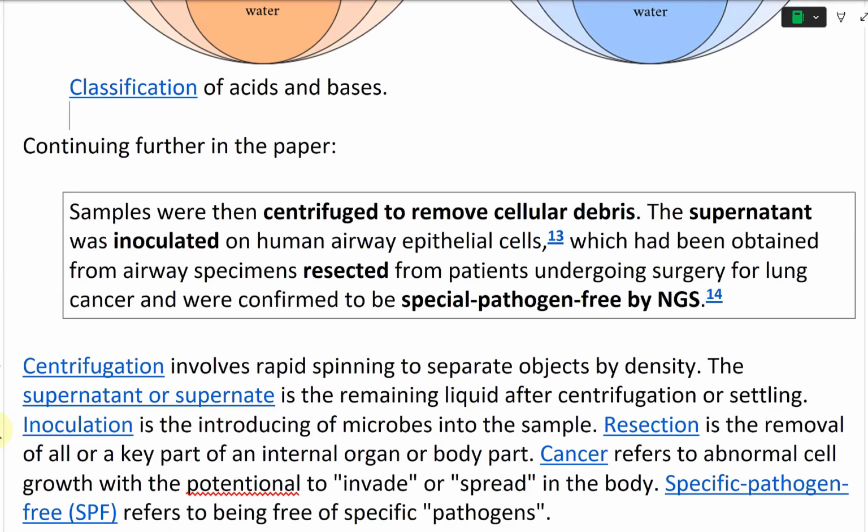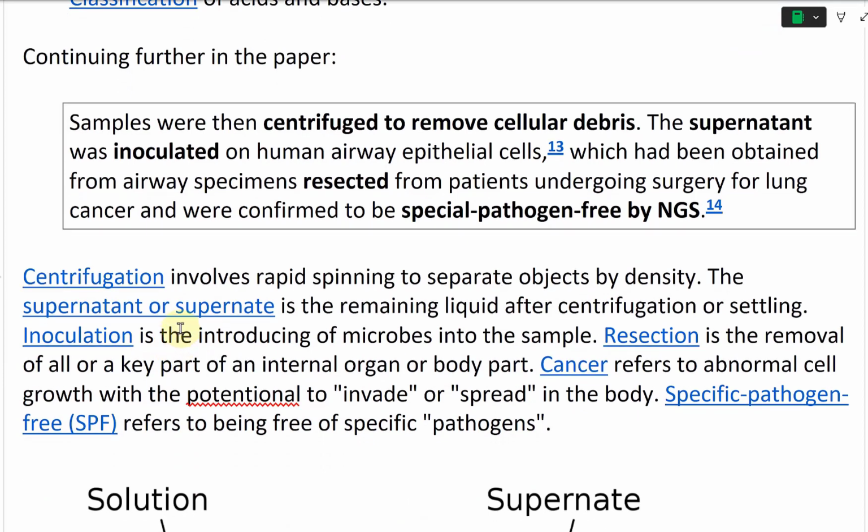All right, a lot of steps in this quote virus isolation. So centrifugation involves rapid spinning to separate objects by density, and the supernatant is the remaining liquid after centrifugation or settling. Inoculation is the introducing of microbes into the sample. In other words, you're, quote, infecting this sample.